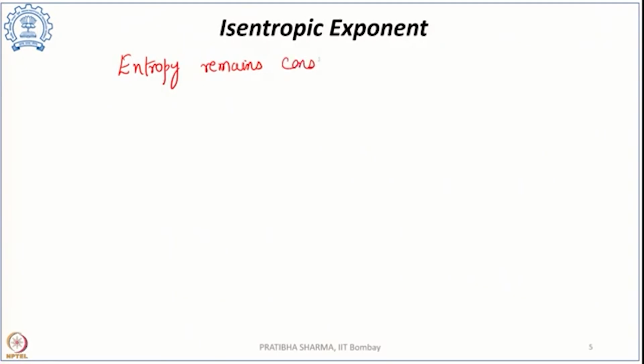Here we need to consider an isoentropic exponent which, along with the different independent state variables, gives different equations of state, and using that we can better understand the compression and expansion of different gases.